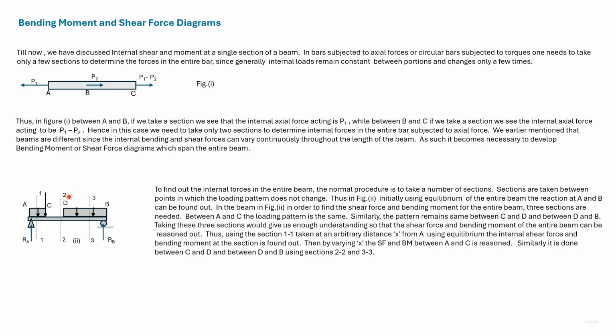We'll similarly take a section 2-2 at an arbitrary distance x from A and find out the shear force and bending moment between C and B. We'll next take a section 3-3 and find out SF and BM between B and B. So this is the general procedure used to find out shear force and bending moment diagrams in a beam.